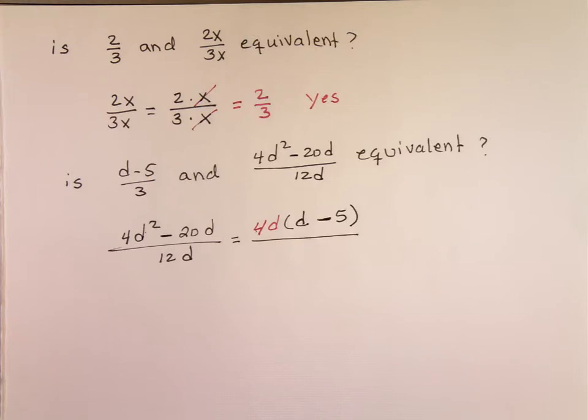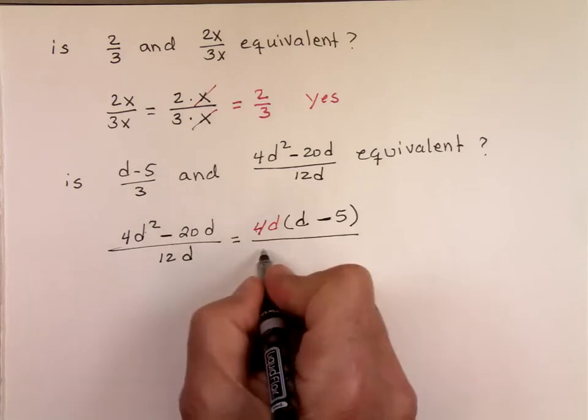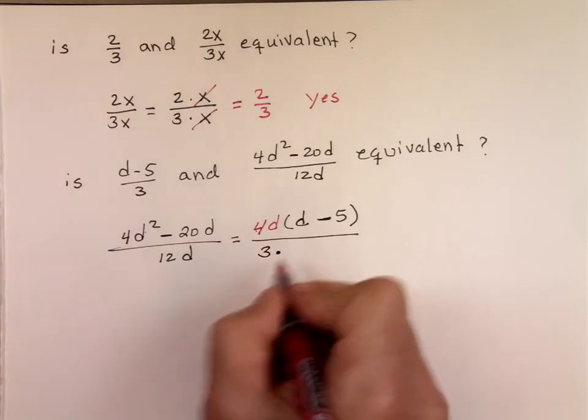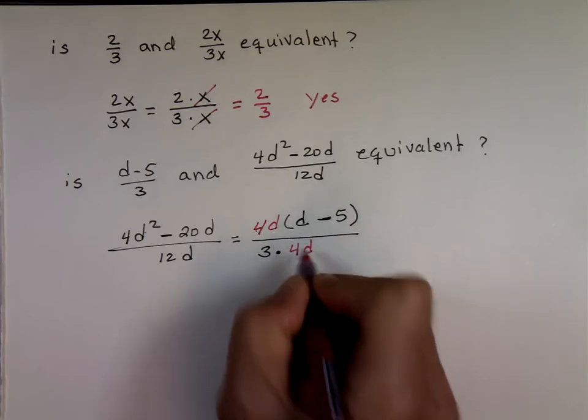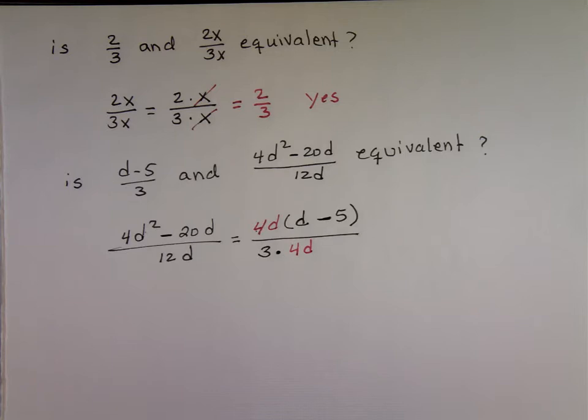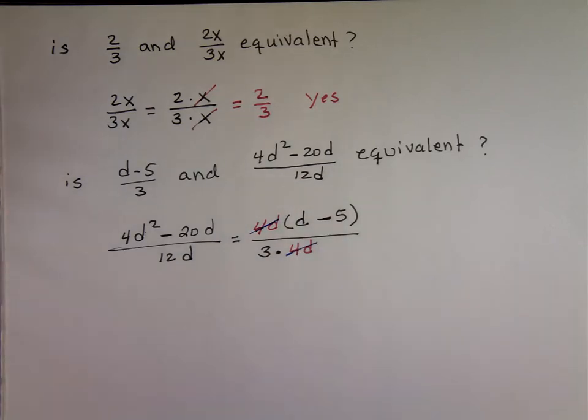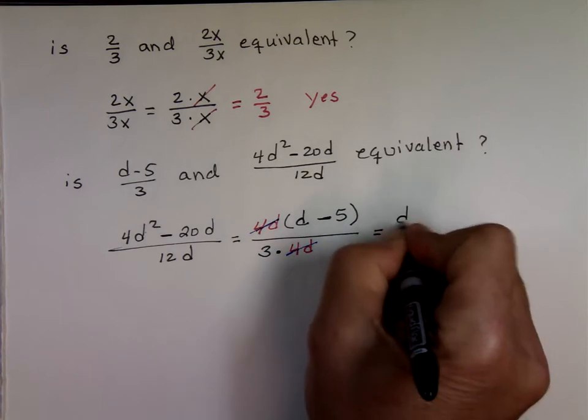Now the 12d, I'm going to write the 12d as 3 times 4d. Why 4d? Because I'm hoping I can cancel the 4d's. Notice I got 4d on the top and the bottom, and as long as you have the same thing and you have multiplication, you can cancel them out. So what's left? d minus 5 over 3.